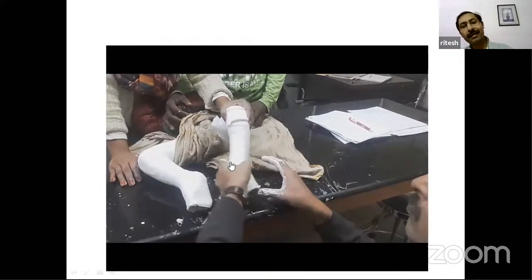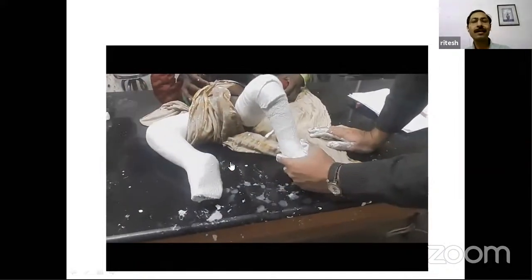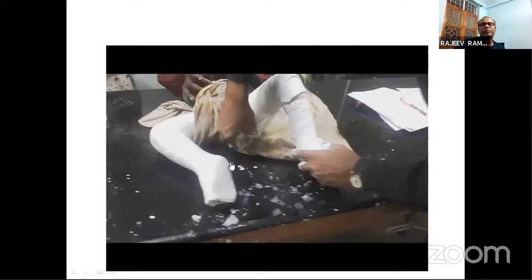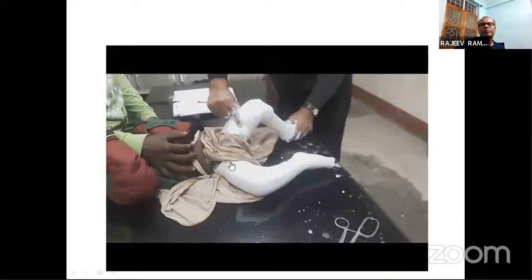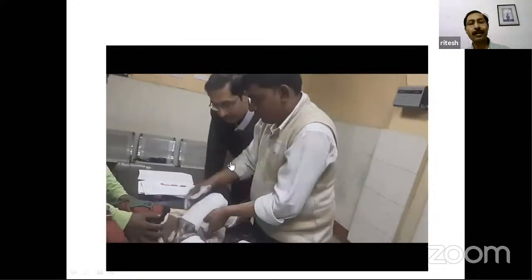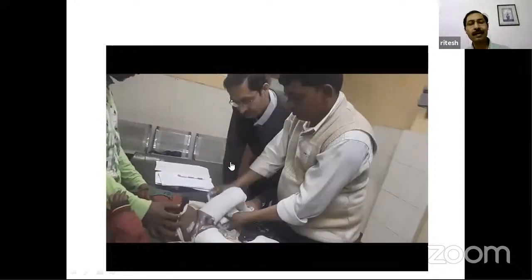Here we have applied the lower part, and now the leg is in external rotation and knee is in 90-degree flexion. This part of plaster should be up to the groin so that while passing stool or urine, it doesn't go inside.